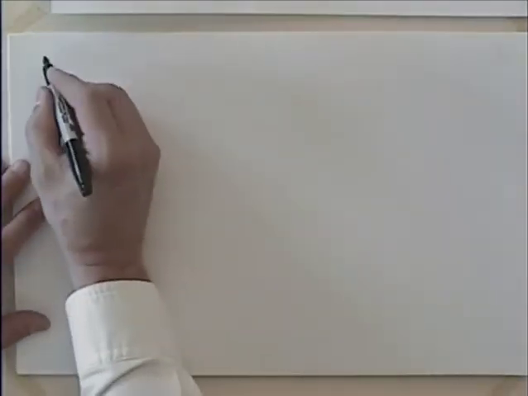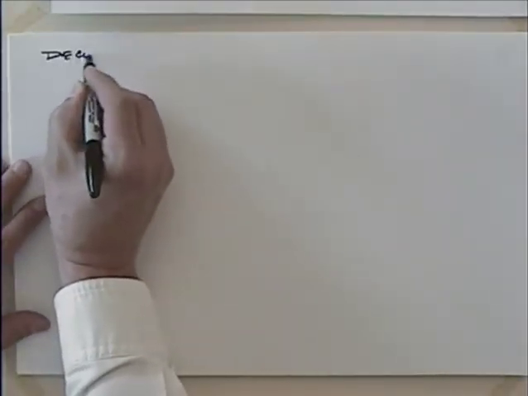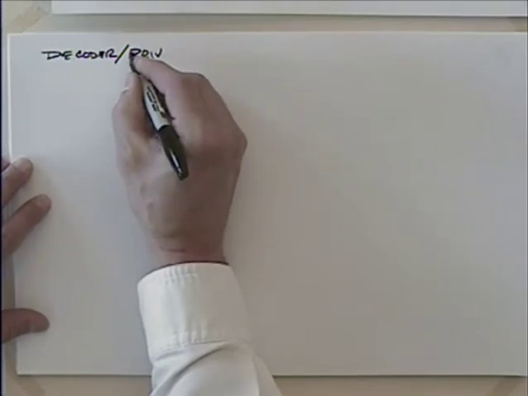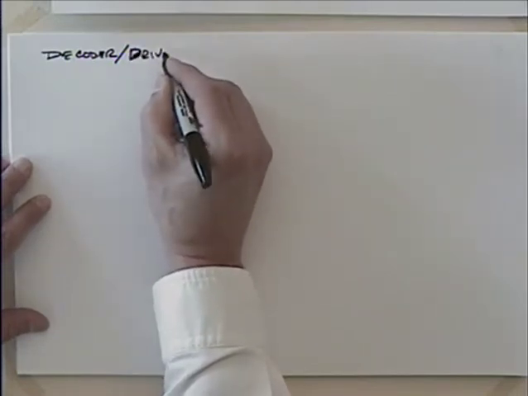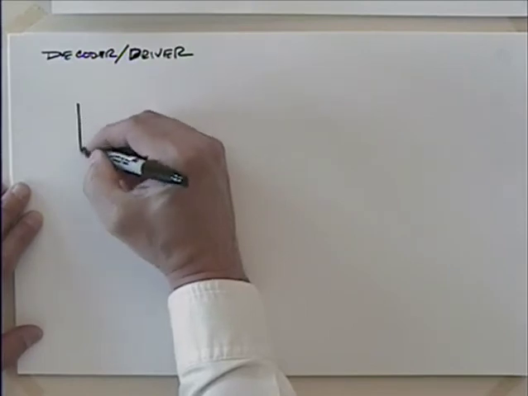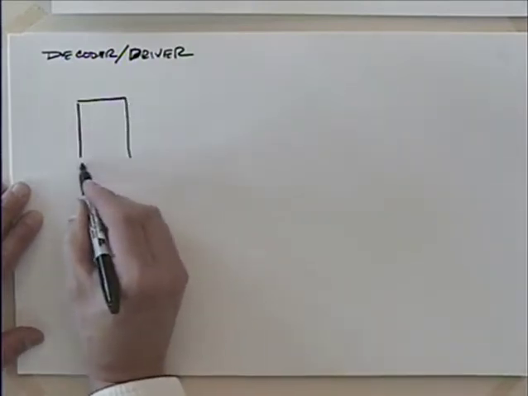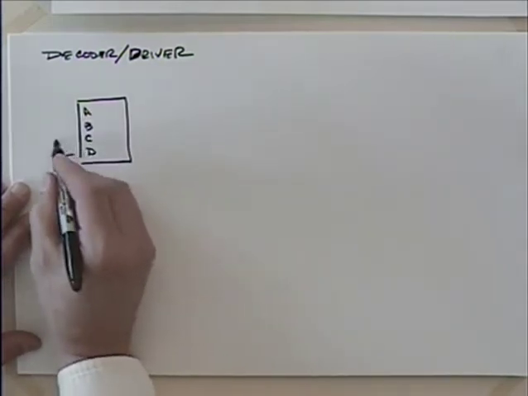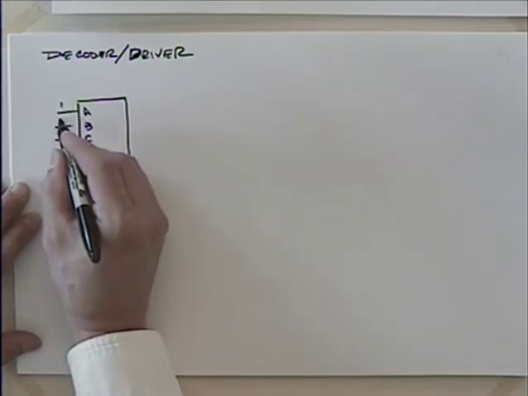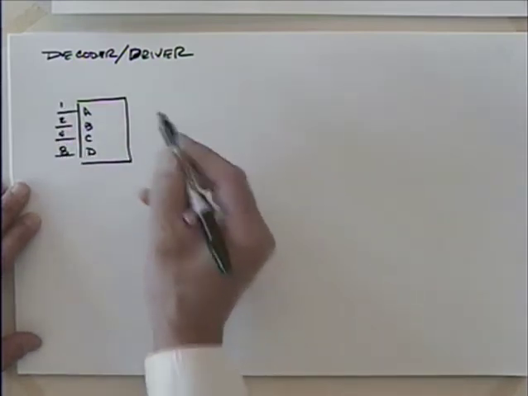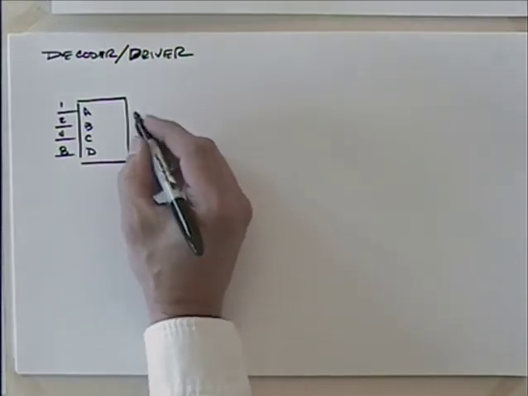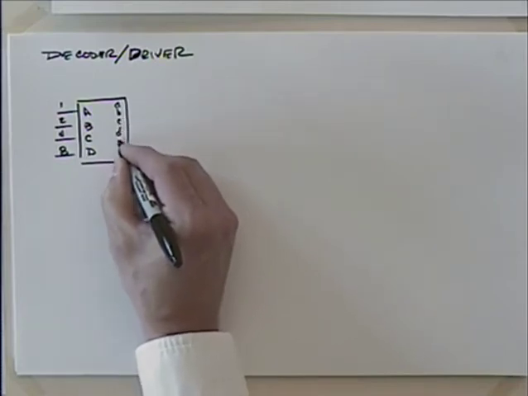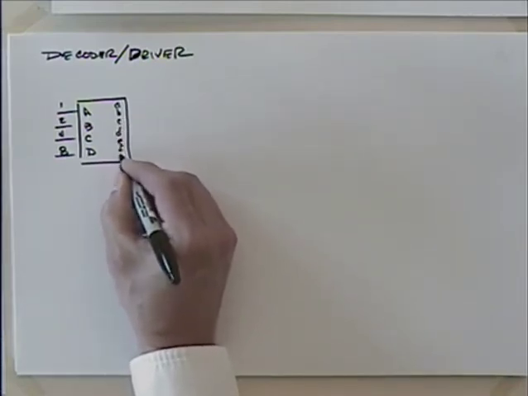Again, our inputs will be a 4-bit input, A, B, C, D. Our 1s, our 2s, our 4s, and our 8s. And then the output is a little confusing. I'll use lowercase letters a, b, c, d, e, f, and g.